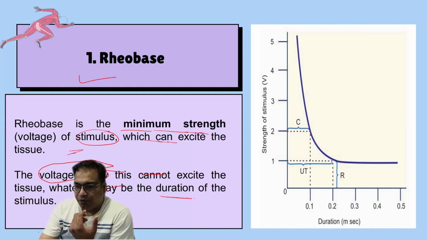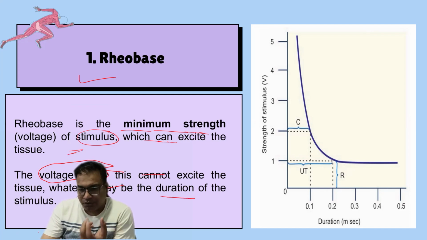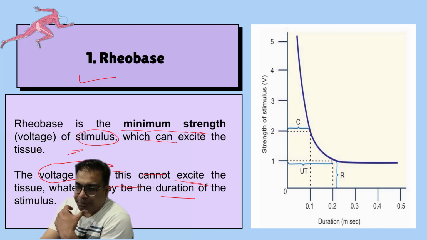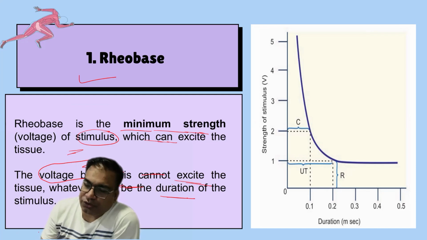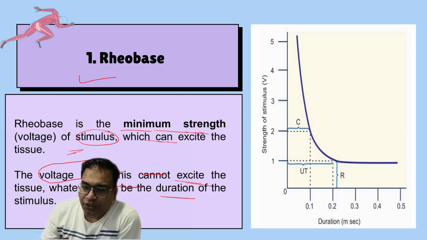If we apply a very low intensity of stimulus for a longer duration, still it cannot excite the tissue. So the rheobase is the minimum strength or the threshold level which is required to excite any tissue, irrespective of the duration of stimulus.